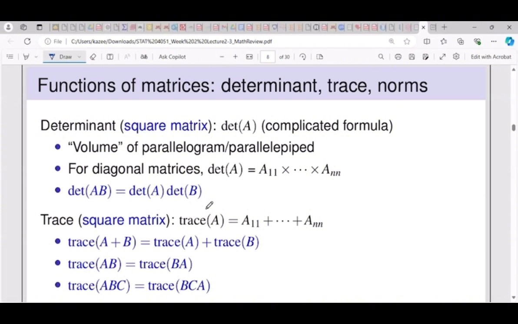Does that make sense? You can verify all those properties.